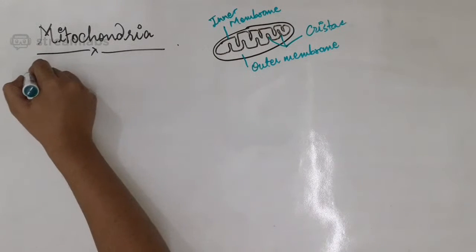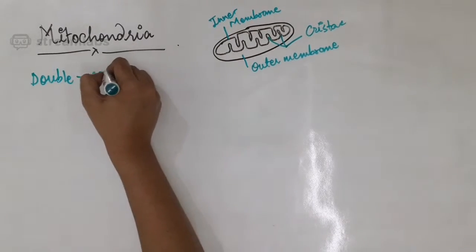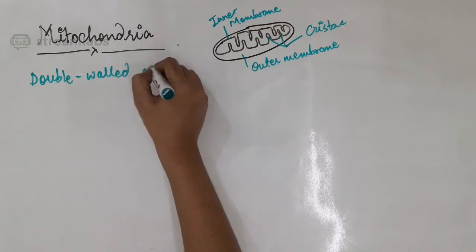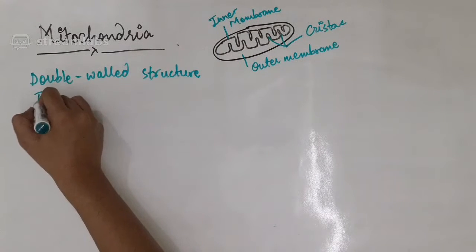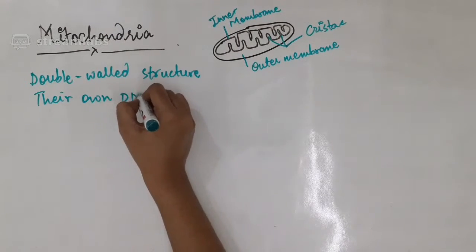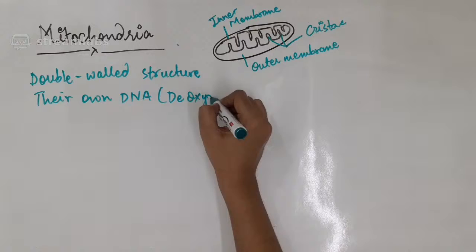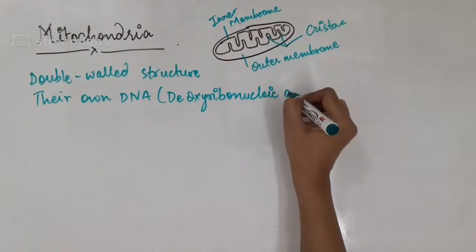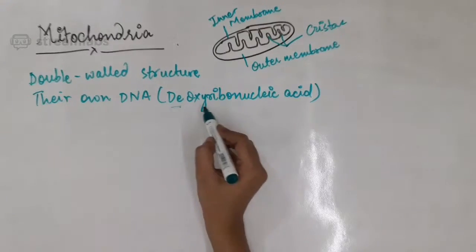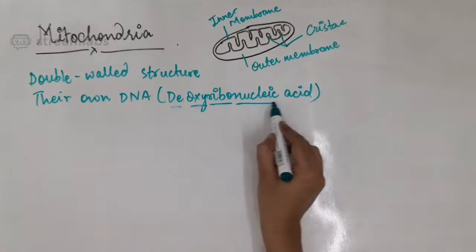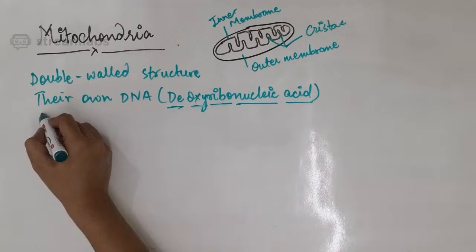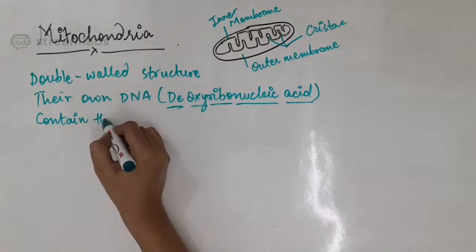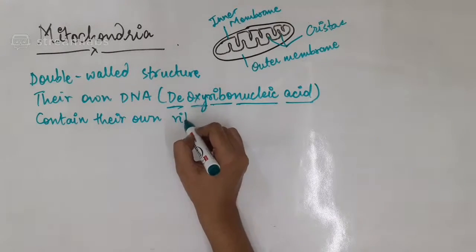It is a double-walled structure and they have their own DNA, that is deoxyribonucleic acid. They also contain their own ribosomes.